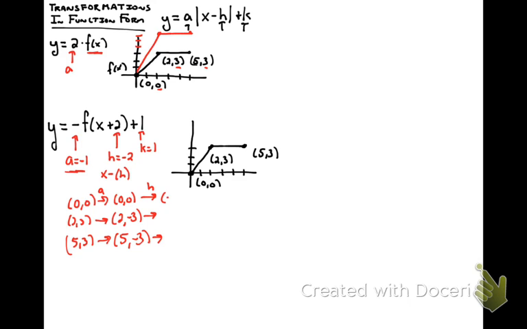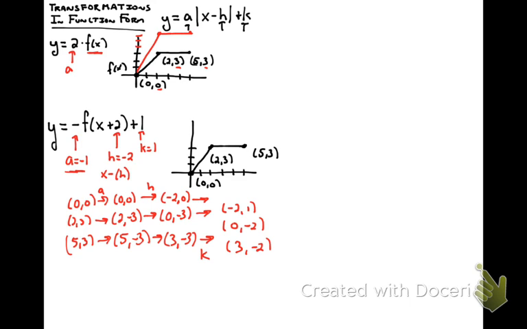So 0, 0 becomes negative 2, 0. 2, negative 3 becomes 0, negative 3. And 5, negative 3 becomes 3, negative 3. Finally, we have to deal with k, which is a vertical shift up 1, which means all the y values are increasing by 1. So we'll have negative 2, 1, 0, negative 2, and 3, negative 2. That's how my points have been changed.